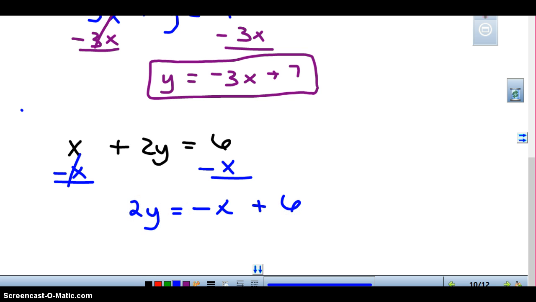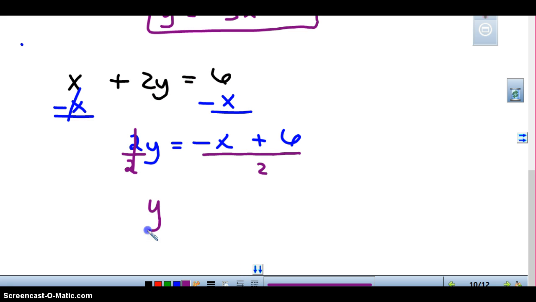But is y by itself yet? No. So that means we need to divide by 2. What we do to one side, we do to the other. So y equals negative 1 over 2 x plus 3. So I divide the coefficient, the invisible 1, by 2 and I divide 6 by 2.